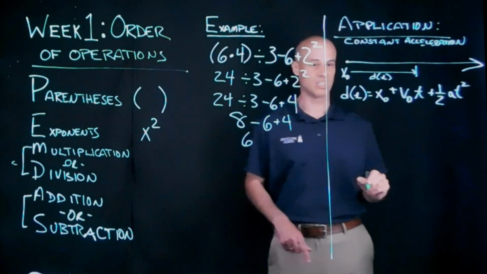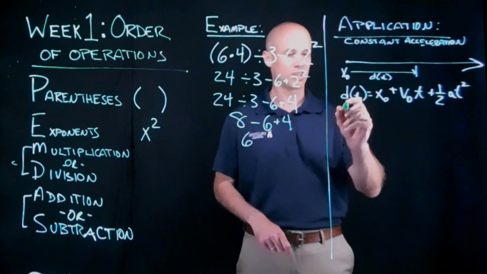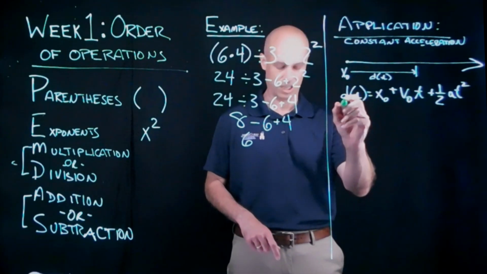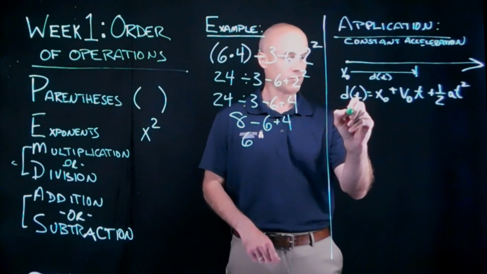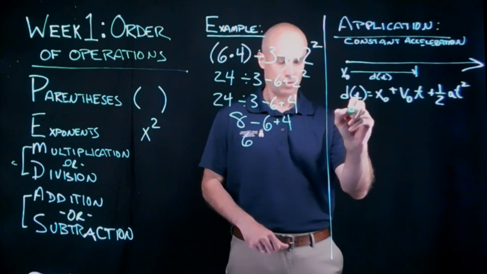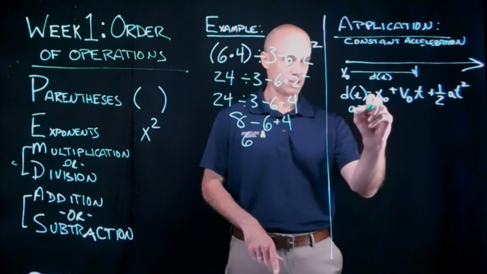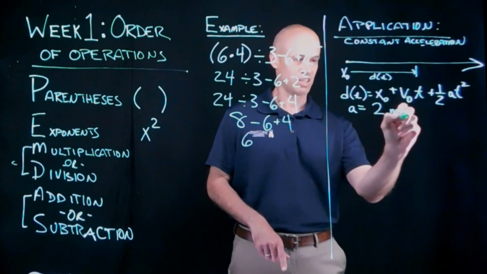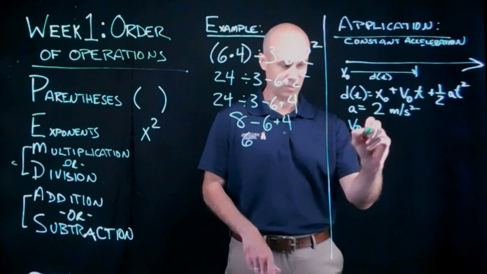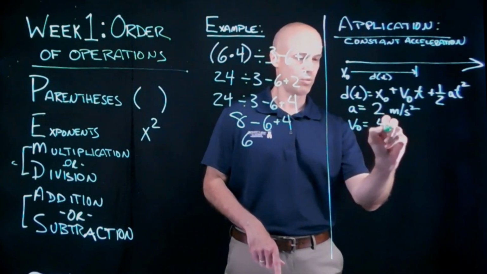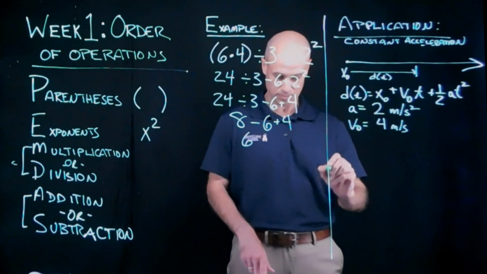Now, some of you may have already seen this in physics. You're definitely going to see problems like this later in your engineering program. So let's start by giving some values here. We have an acceleration of 2 meters per second squared. We're going to have an initial velocity of 4 meters per second.